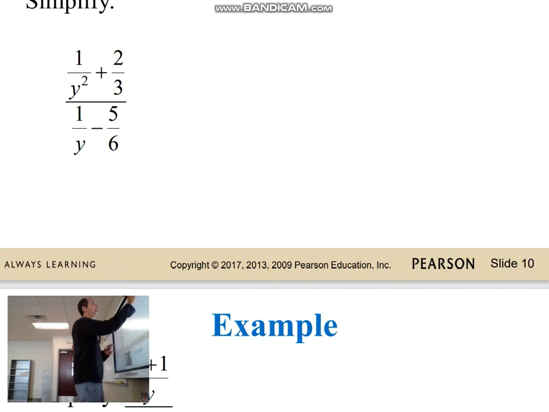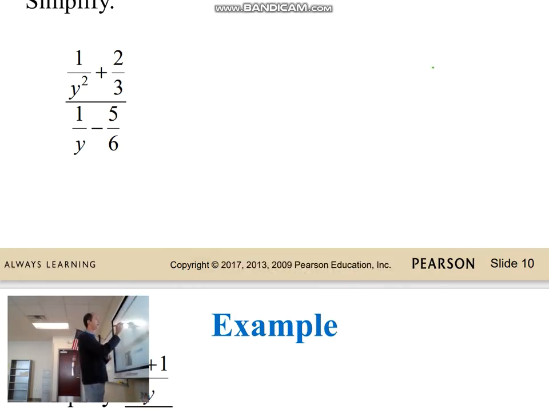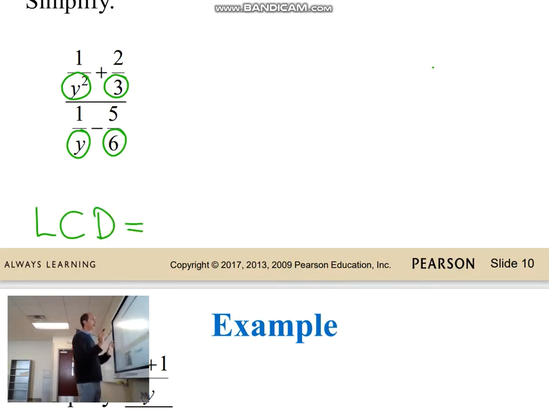First, find the least common denominator. We have y squared, we have 3, we have y, we have 6. To find the least common denominator, write down the unique factors. 6 is 2 times 3, so we have 2, we have 3, and we have y.